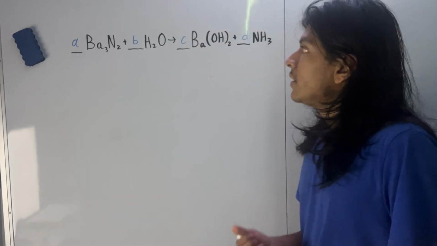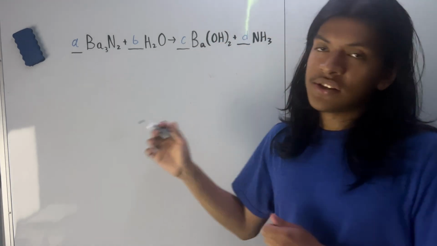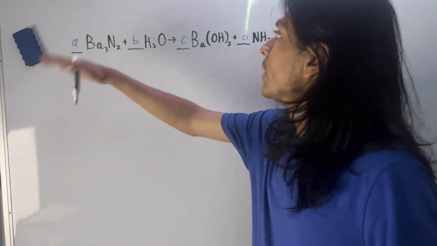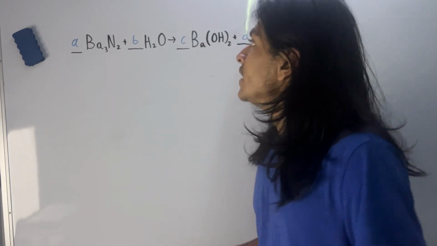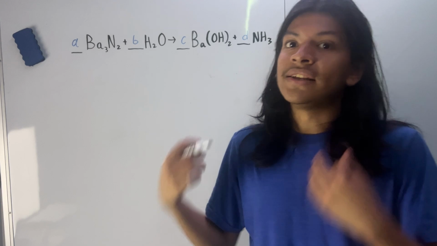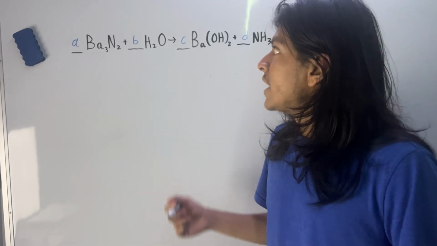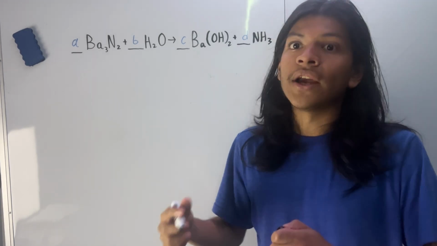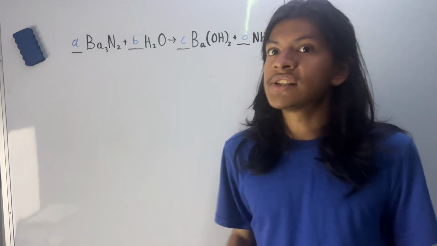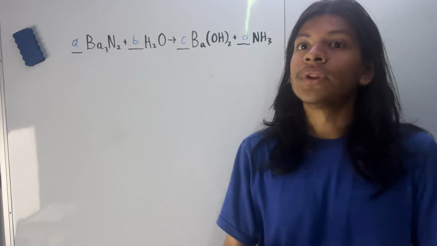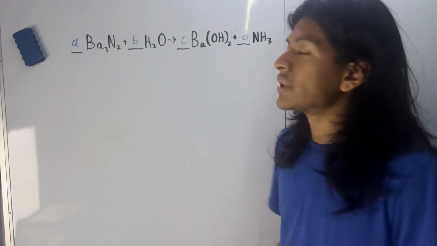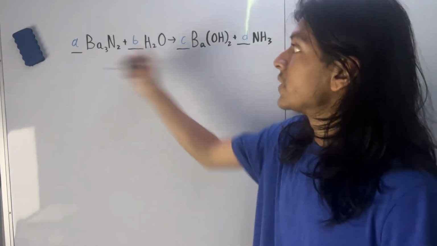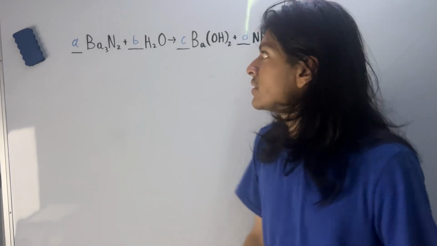The reason why we're labeling them A, B, C, and D is that we're gonna obtain a system of equations, and with that system of equations, we're able to create a matrix. And later on, I'll show you how to deal with that matrix to solve for this chemical equation.